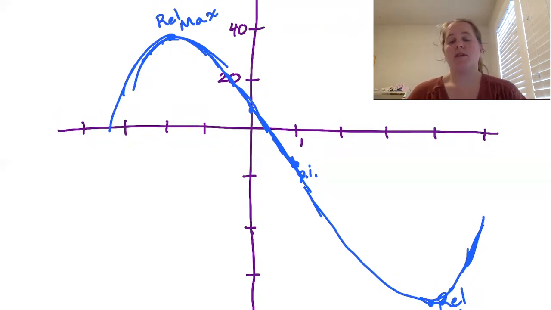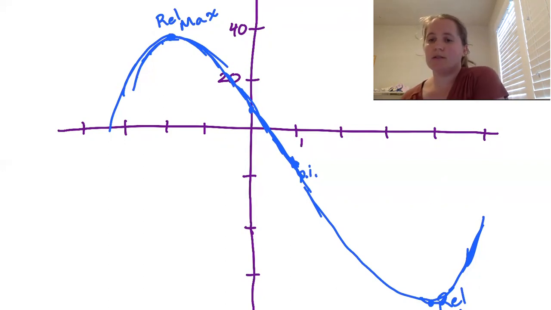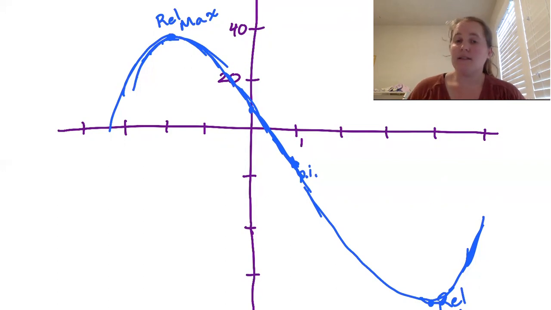Again, I'm perfectly fine with you not labeling or scaling the Y-axis, and just giving a sketch of here's where it should turn around, this is where it should change concavity. But you can be more precise with the Y values if we know the original function f. In our next examples, we are not going to know f, and so you won't be able to figure out the precise value.